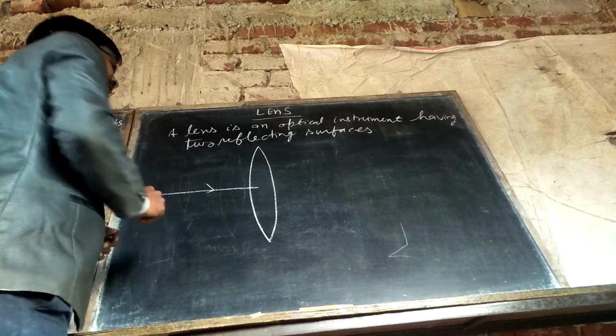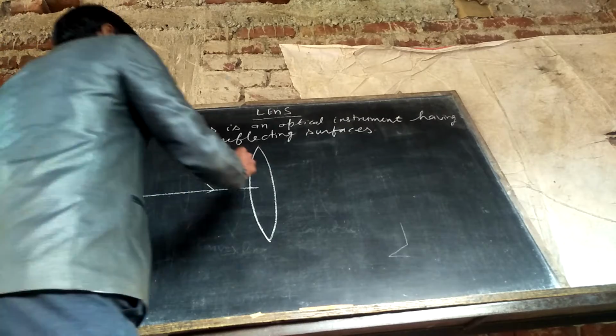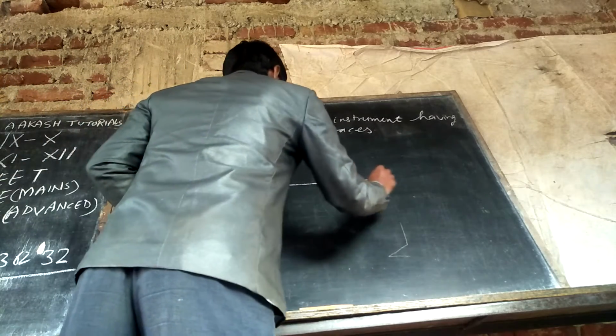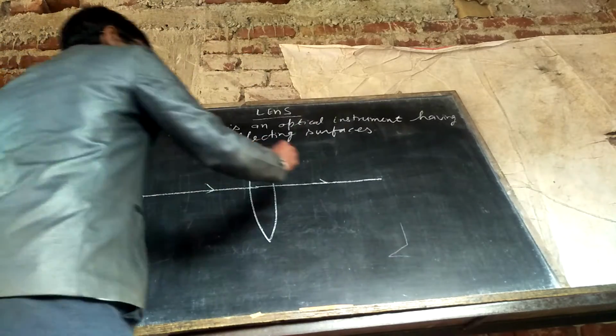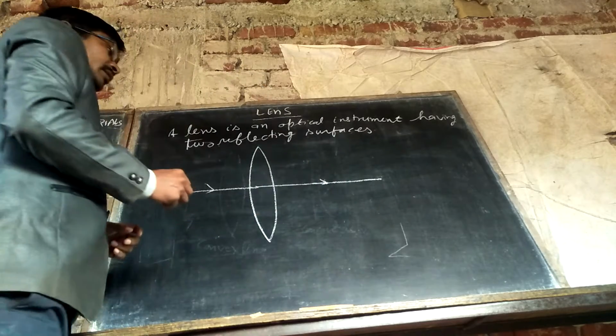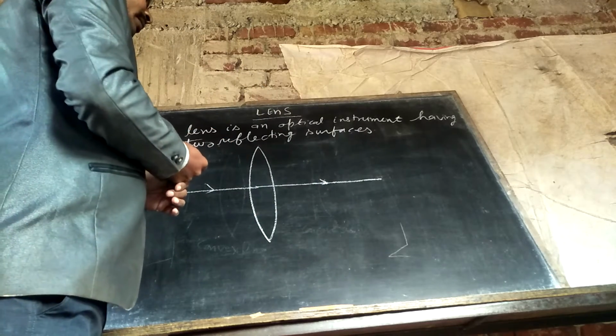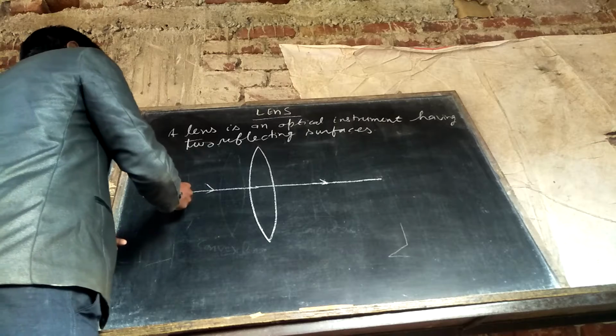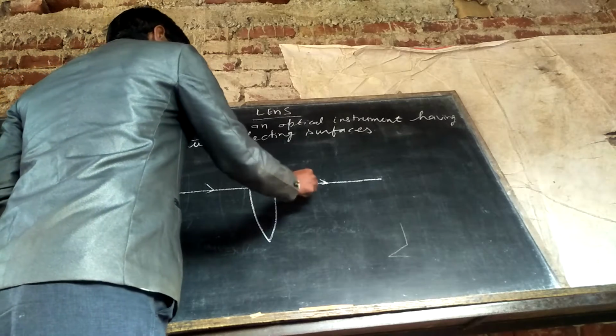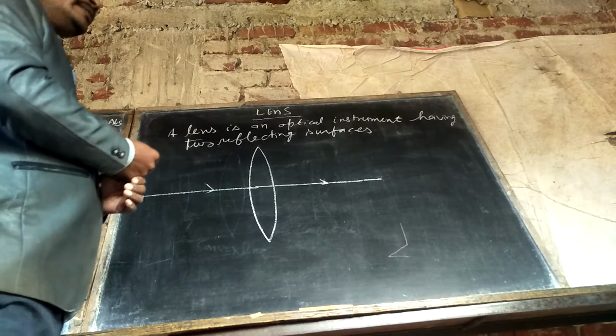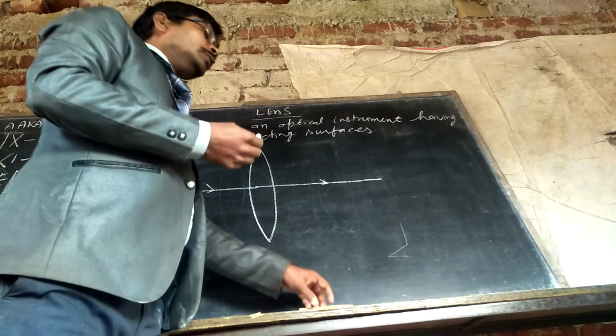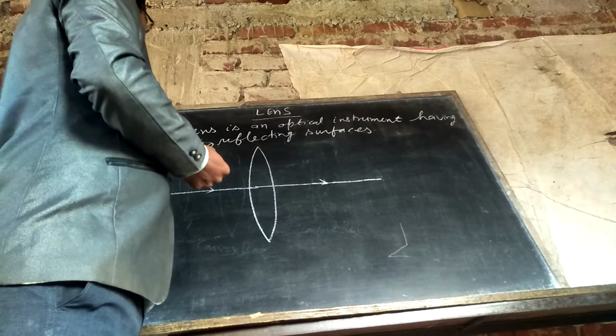Suppose a ray is coming from leftward, it may pass outward, rightward. So a lens has two reflecting surfaces, hence a lens has two focal lengths or two focus.